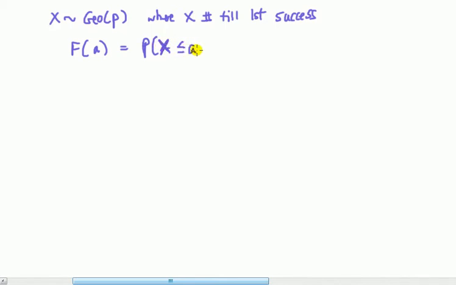This means the probability x is less than or equal to a, and for geometric that is 1 minus the probability of failure, and you failed a times, so 1 minus q to the a, where q is equal to 1 minus p.